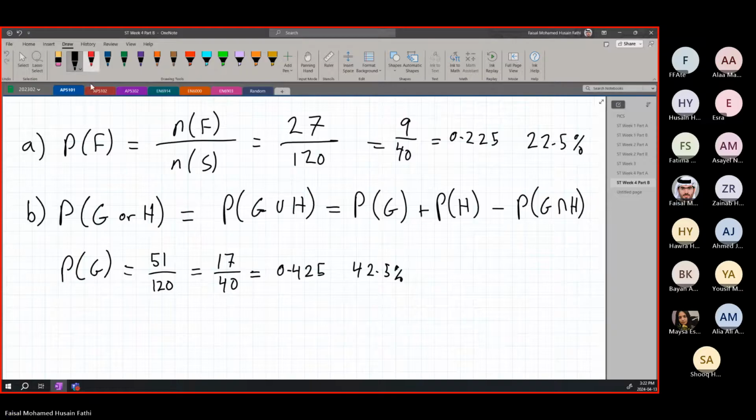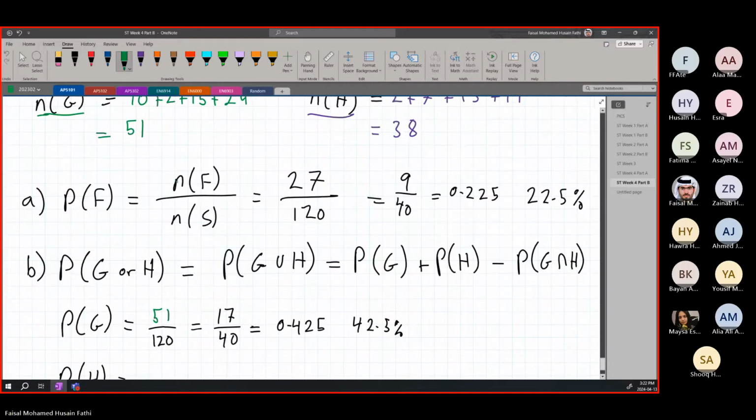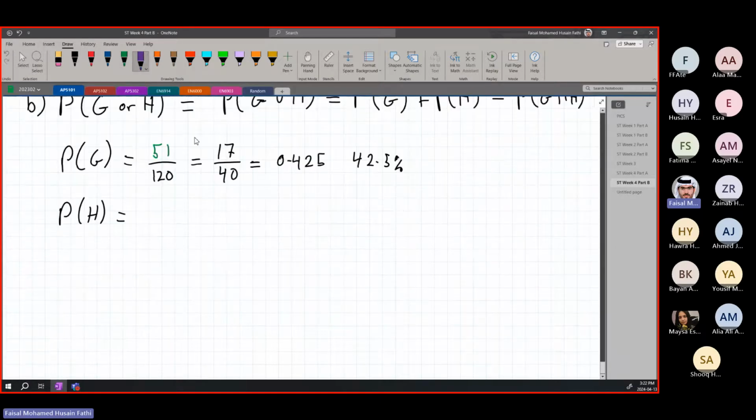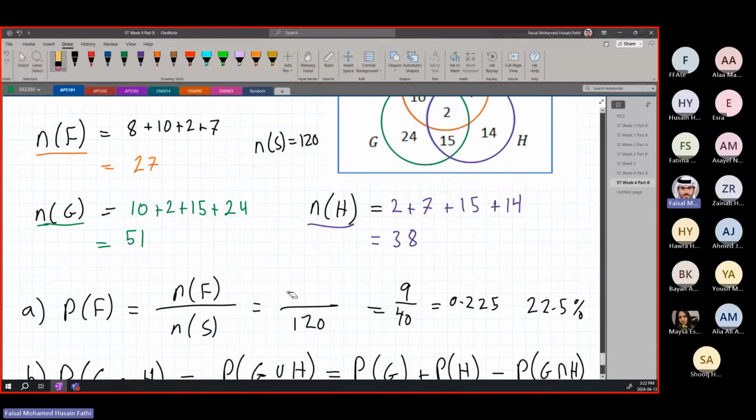P of H is equal to, what did we get for H? 38. So this is from the green part here, it's 51. And this is 38 over here. And for F earlier, we used the orange part, which is 27.